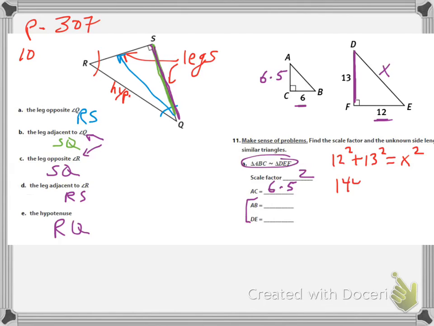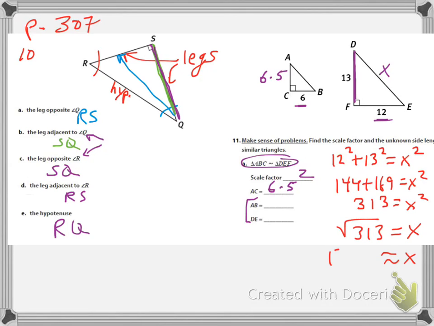So that's 144 plus 169, which gives you 313. Take the square root of both sides, which gives you just plain old x, which is approximately equal to 17.7, more or less. So there's DE.